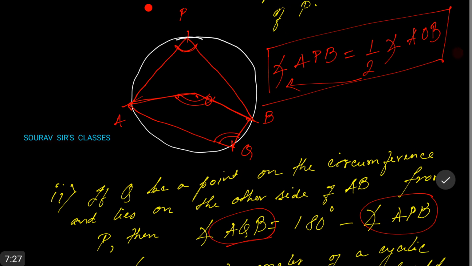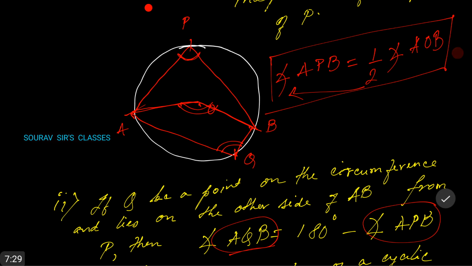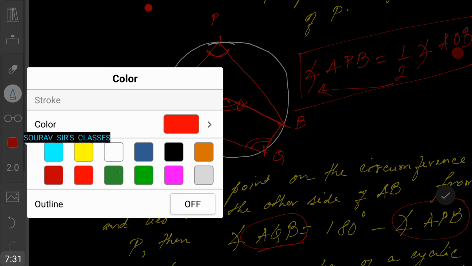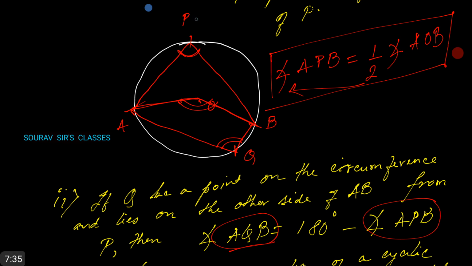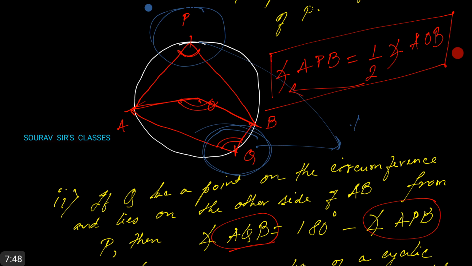So AQB, which is basically this one right here, and APB, if you add these two, we get 180 degrees. That's what they're trying to say.